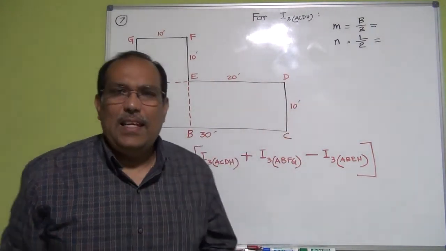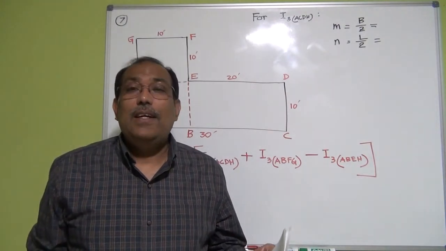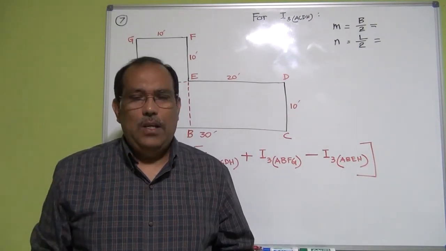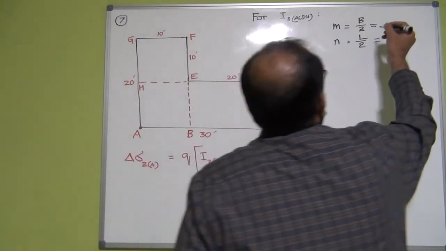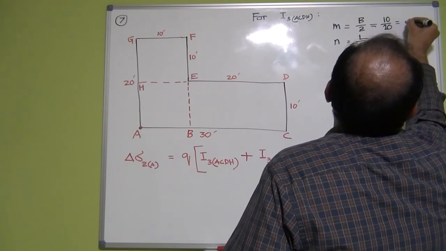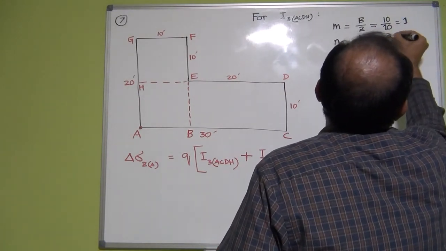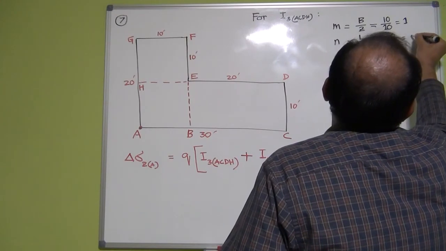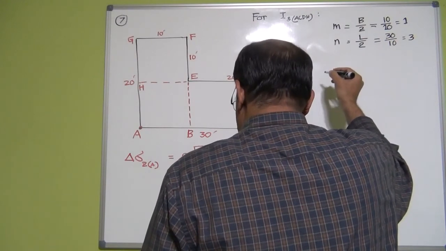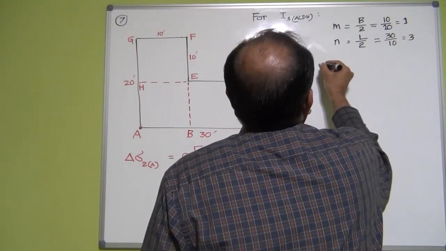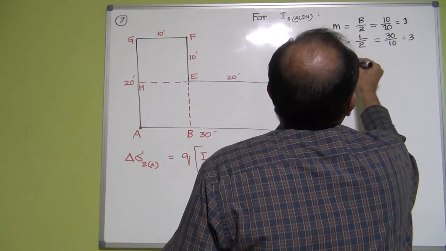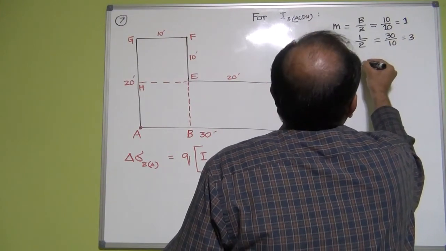L is always bigger than B. Whatever rectangle you take, the longest side would be your L and the other side would be your B. So here B by Z equals 10 by 10, which is 1, and this one is 30 by 10, which is 3. So if you go to table 10.10 in your book, you find your I3 from there, which is 0.2034.